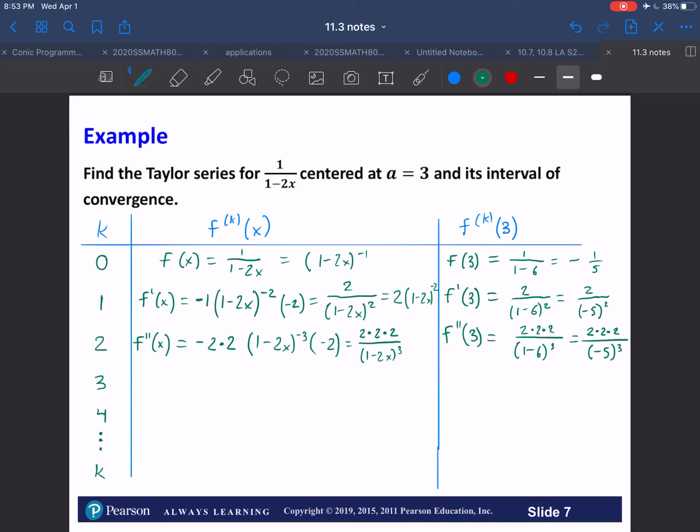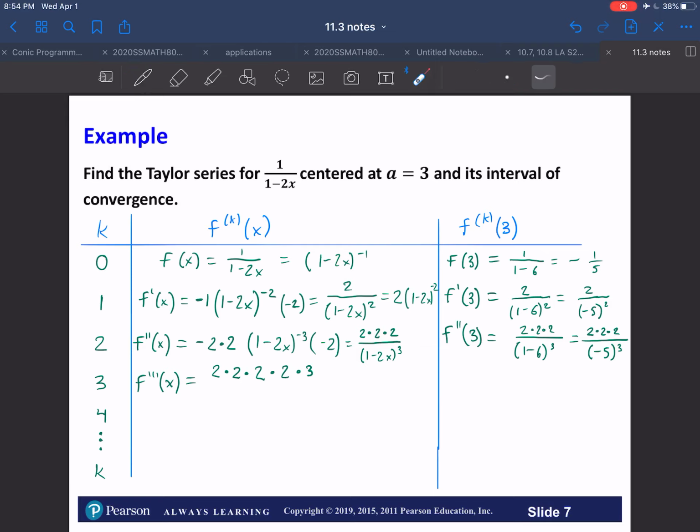Alright, so rather than working through some of the more difficult computations down here, let me just skip and give you some answers. If we were to compute the next derivative, we would get 2 times 2 times 2 times 2 times 3.